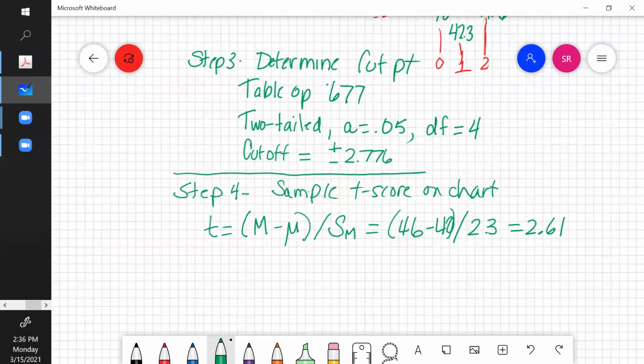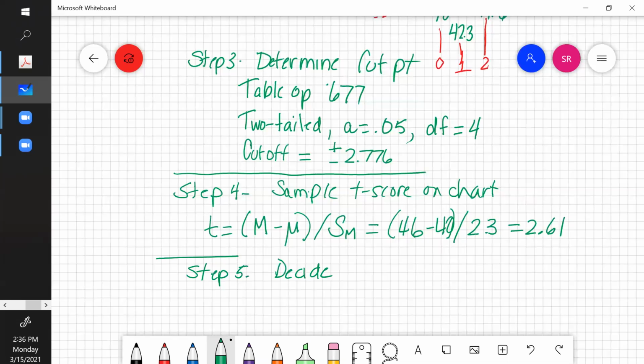And now we have to make a decision. We know that in order to reject H0, our value needs to be less than minus 2.776 or greater than 2.776.